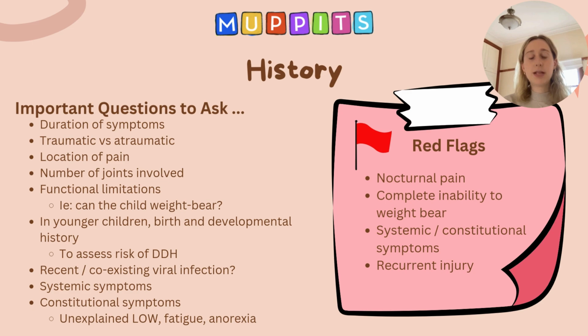Looking at those systemic symptoms and recurrent injury as well, because this might point to some sort of pathological process. For example, if a child is constantly sustaining fractures, that might make us a bit more concerned about the integrity of their bones. Or we should also query non-accidental injury with quite recurrent and unexplained fractures, for example, as well.